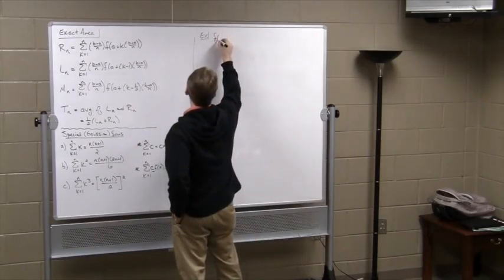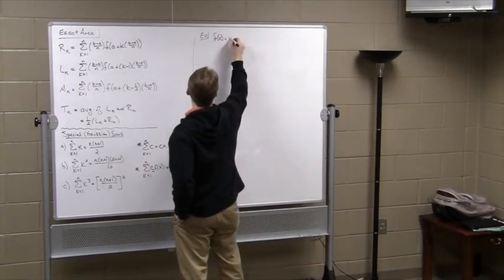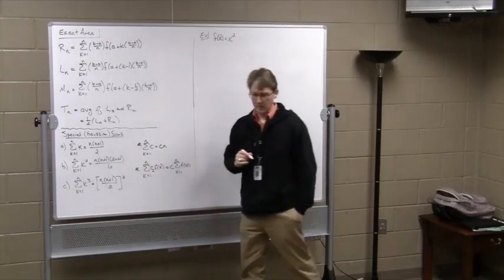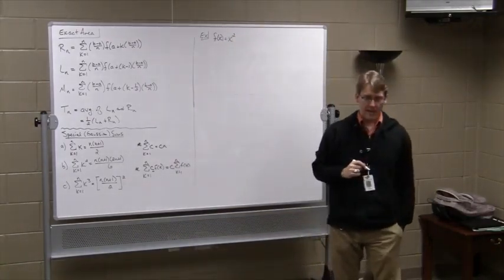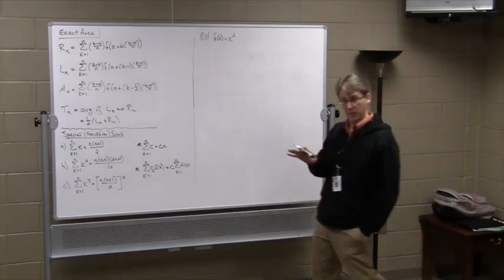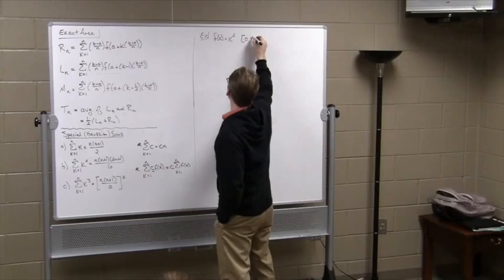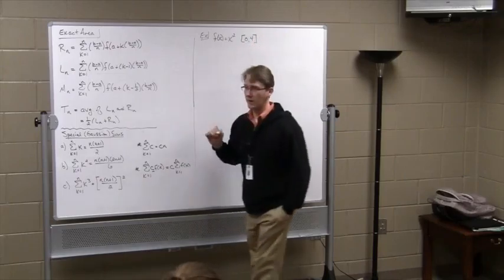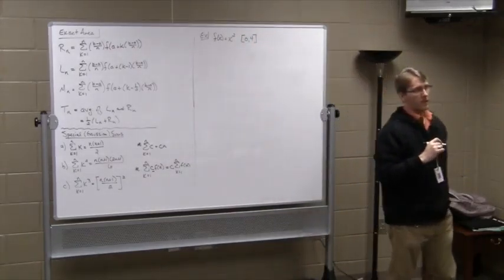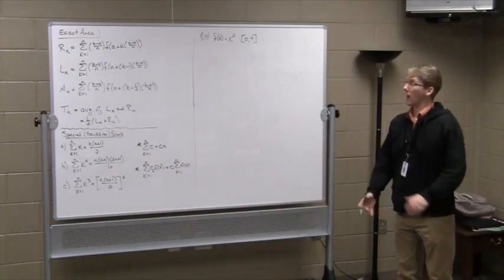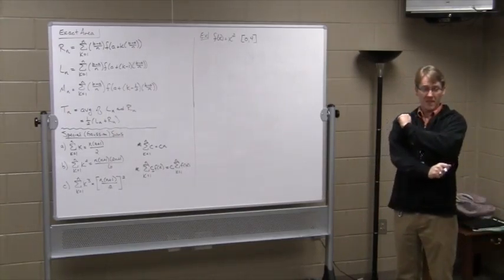Here's our function. Let's start simple. It's x squared, and let's start simple with our zone. We're not going to guess anymore. We're actually going to find the area.